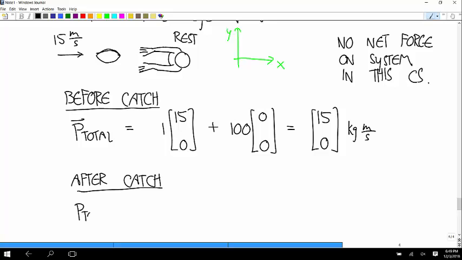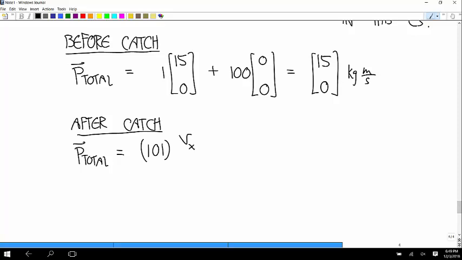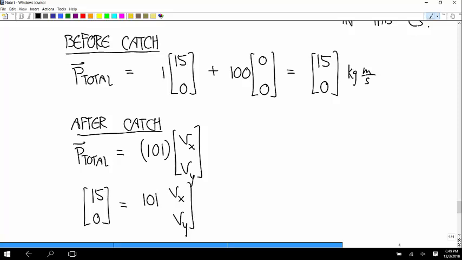So P total is the combined mass of the system, that's 101, times the velocity vector, which we can calculate component by component. And so conservation of linear momentum says 15, 0 is equal to 101 times Vx, Vy.